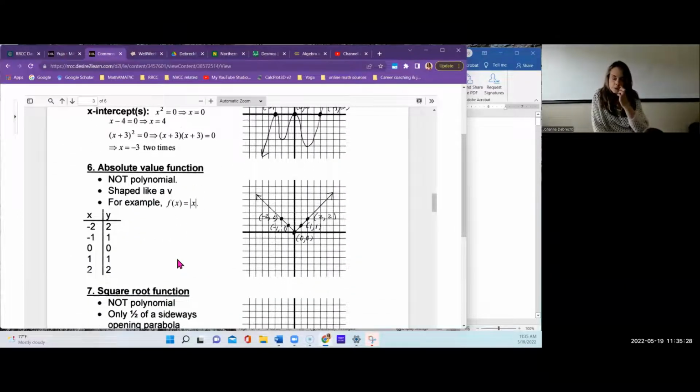The next real toolkit function that we have is the absolute value function. It is not a polynomial function because of the absolute values. It has a sharp corner. Polynomial functions don't have sharp corners. It's shaped like a V, and the basic one is the absolute value of x. It has the sharp corner at the point 0, 0, rises to the right along the identity function: 1, 1, 2, 2, 3, 3, 4, 4, and so on.